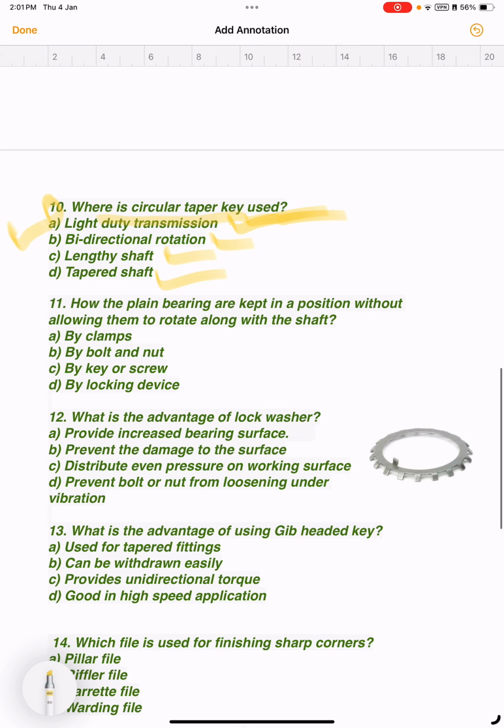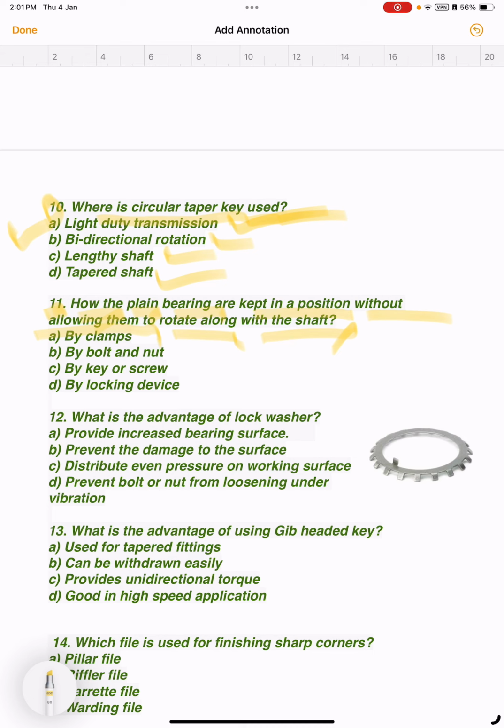Next, 11. How are plain bearings kept in position without allowing them to rotate along with the shaft? How do we fix the bearing so that only the shaft rotates and the bearing does not move?